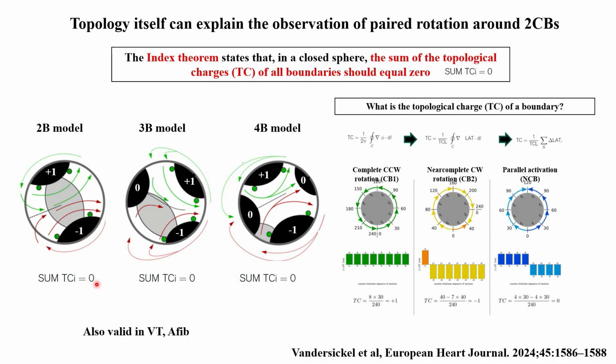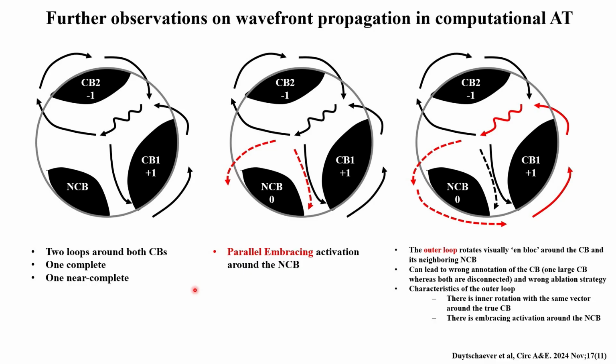It's -1. The sum of charges is 0. In a 3-boundary model, you see +1 and -1, and this parallel activation has a topological charge of 0. The sum is again 0. So it's a law that in reentry, the sum of topological charges is always 0. This one I will skip.